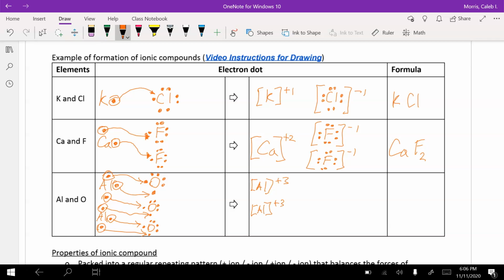And then we have 3 oxygens, with 8 valence electrons around each. That's called oxide, by the way. Each of them gained 2 electrons, so its charge is not going to be -1, but -2. And there are 3 of those.